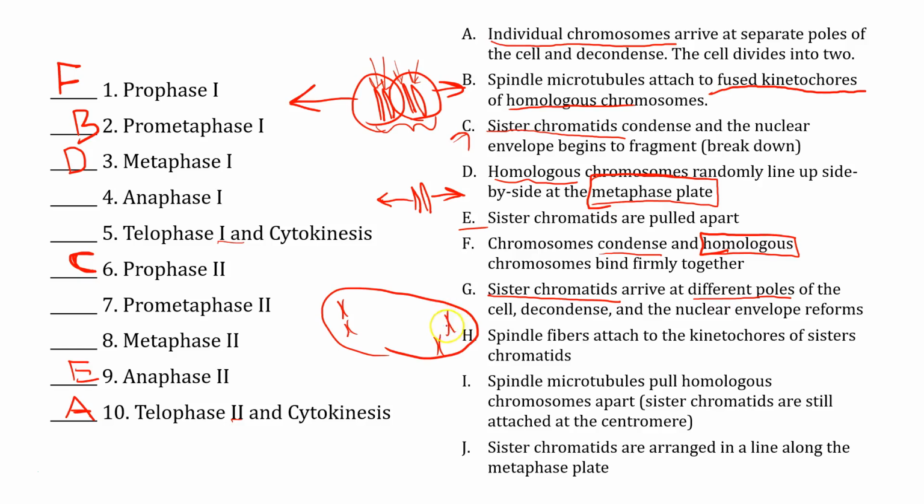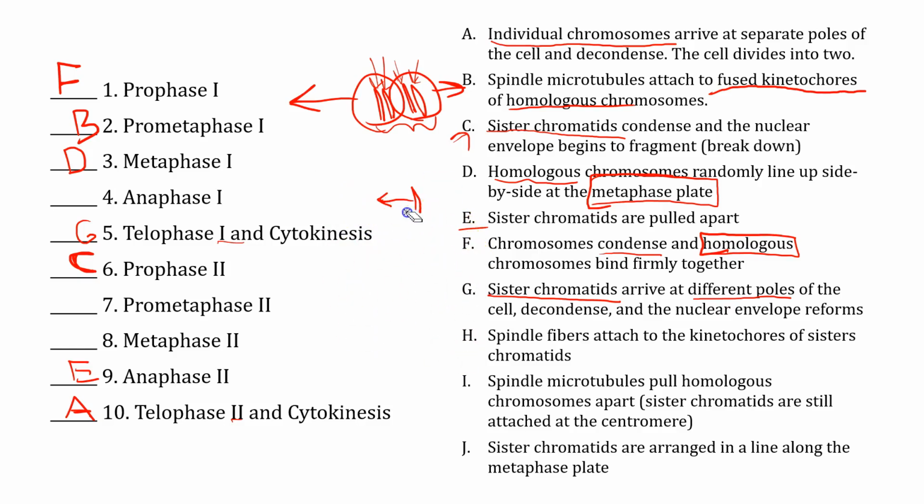Here are the sister chromatids, and they've arrived there. Here are some sister chromatids that have arrived there. So this has to be telophase 1. If it was telophase 2, there wouldn't be sister chromatids arriving at different ends of the cell. It would actually be single chromosomes. As soon as the two sister chromatids break apart from one another, they're no longer called sister chromatids. They're called chromosomes.